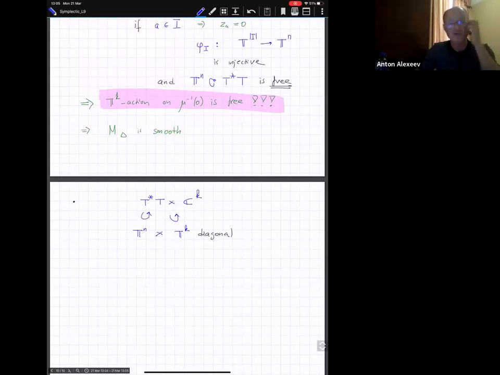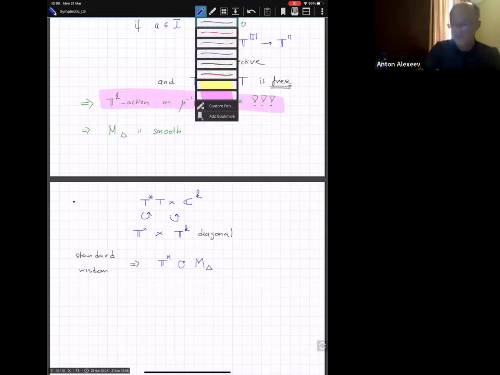Then remember, we had a proposition that you were proving in the problem set of this week, right? So if you have two commuting actions and you do reduction under one of them, the other one descends, right? So by standard wisdom, we have a Hamiltonian Tn action.